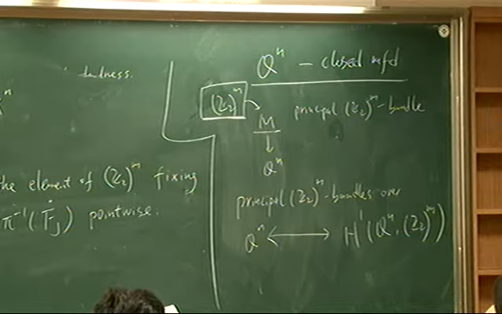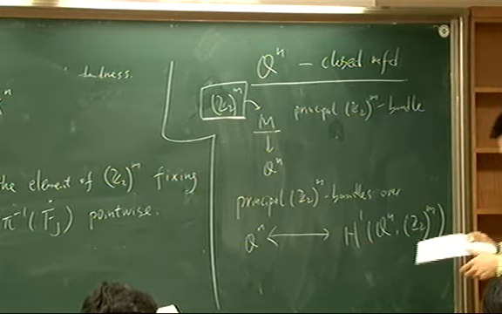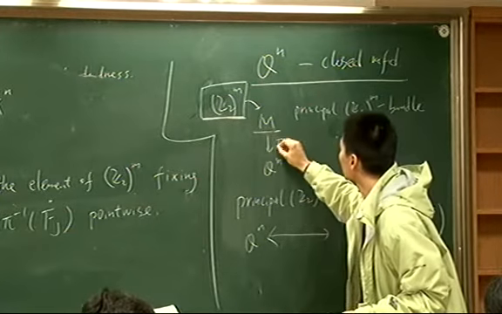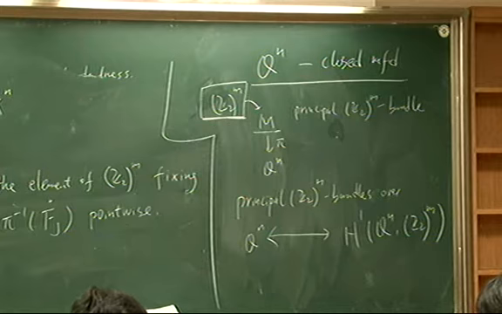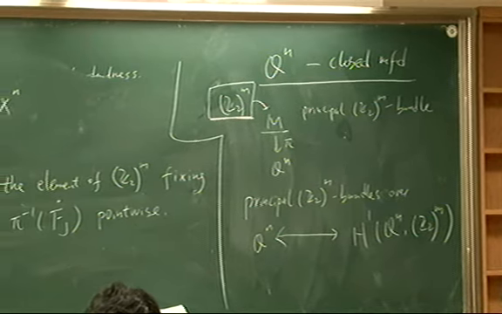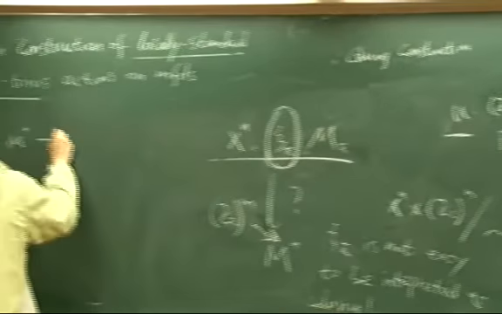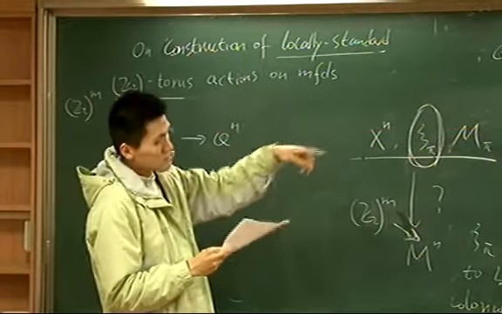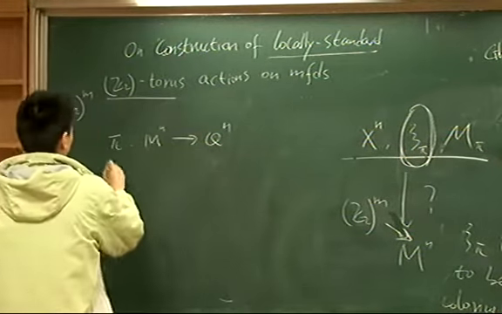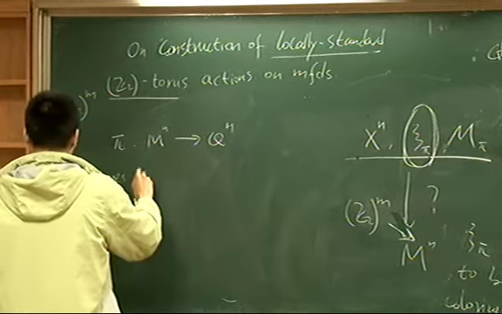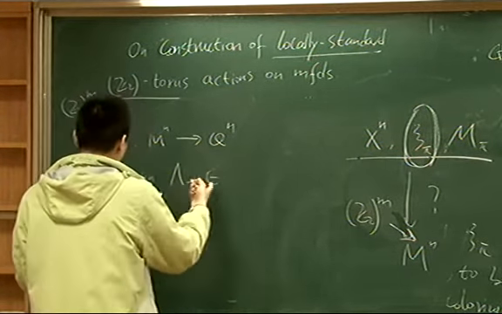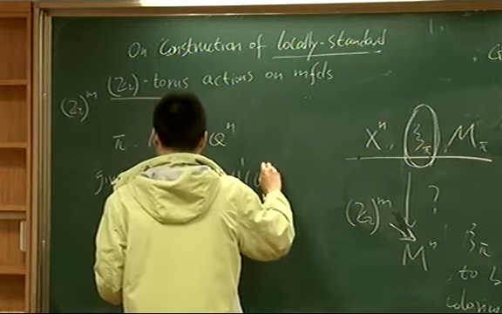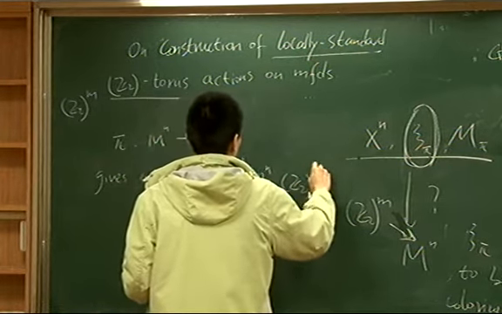Right. So we identified elements like this. This is a classical map for the principal bundles. Suppose this is pi, and this principal Z2m bundle gives an element, which I denote by gamma pi, that is lambda pi in H1(Q, Z2m).